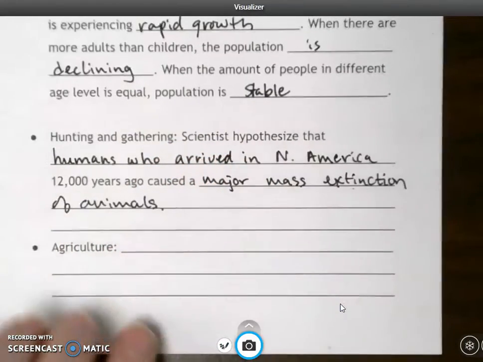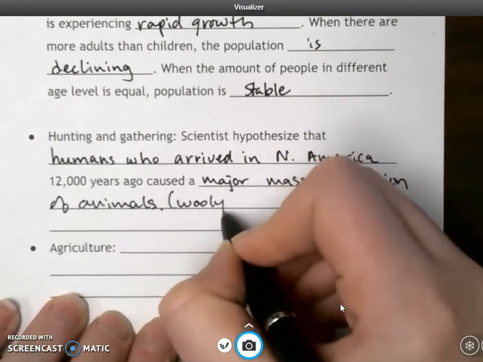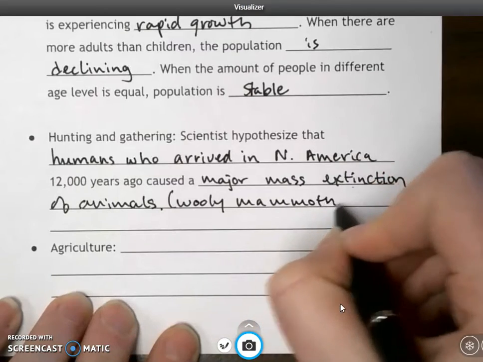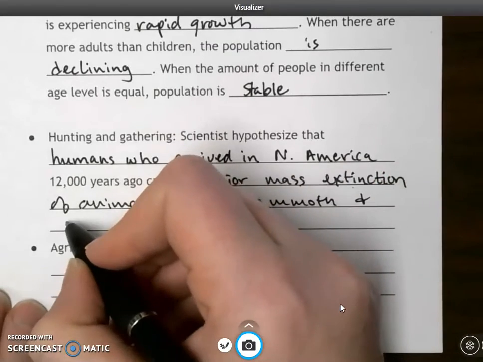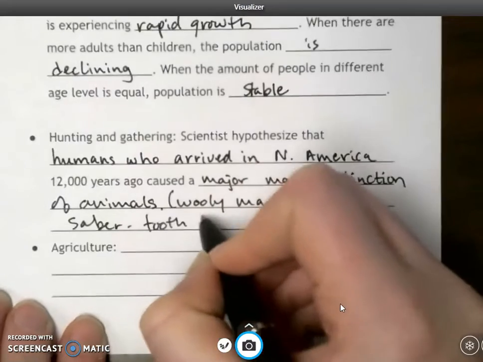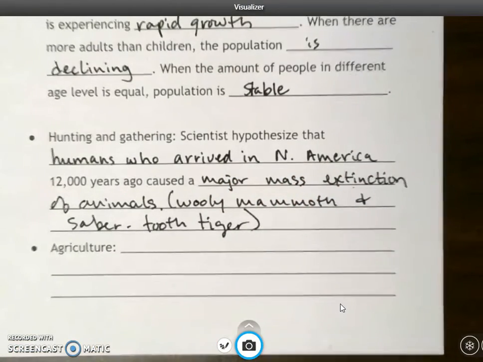They hunted and hunted and hunted until species like the woolly mammoth and saber-toothed tiger were extinct, until they killed the very last of them.